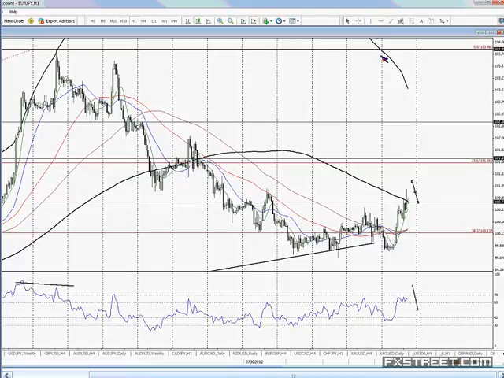Price action probably around this area here, 170 area.